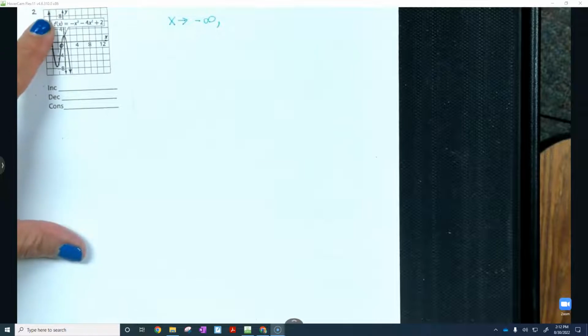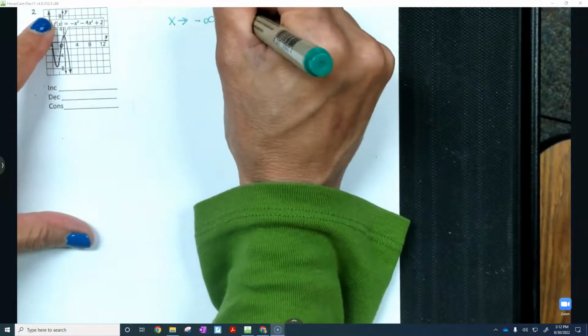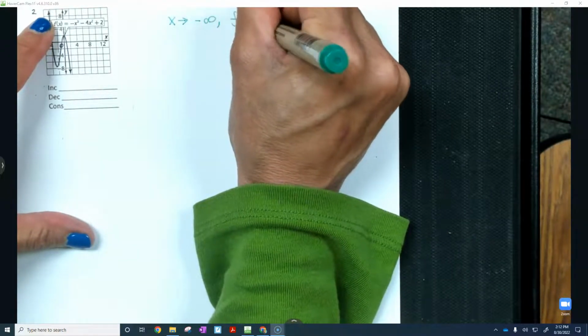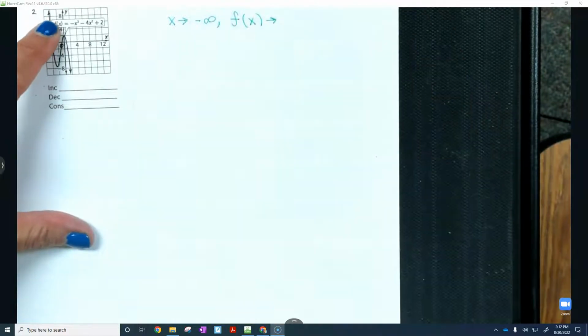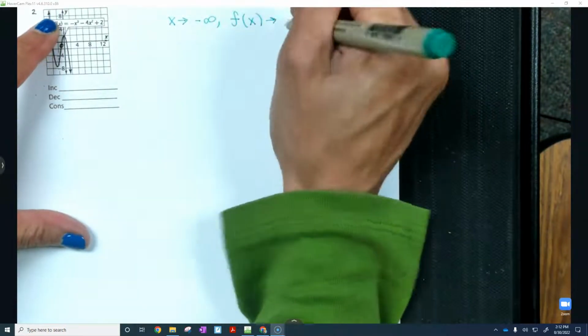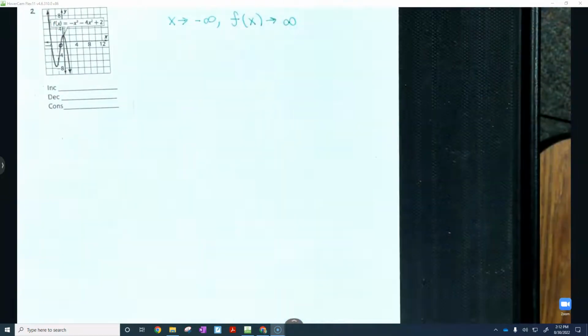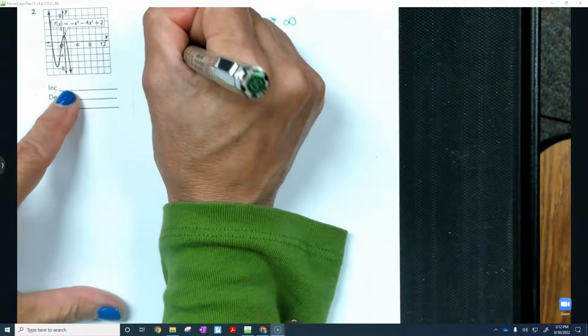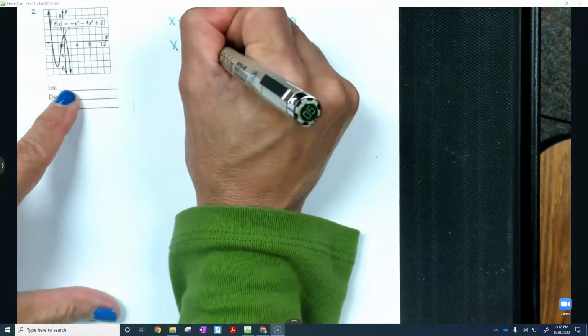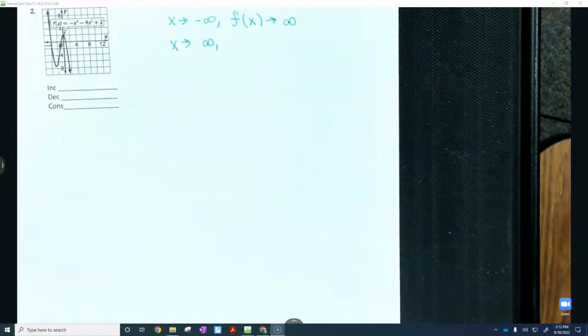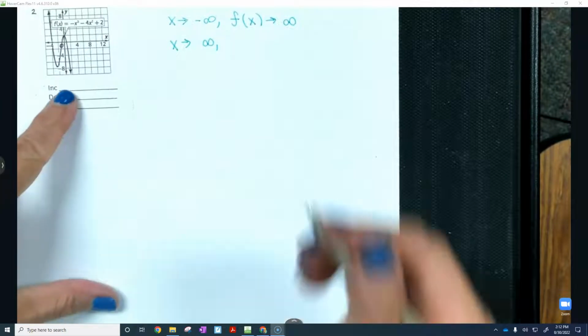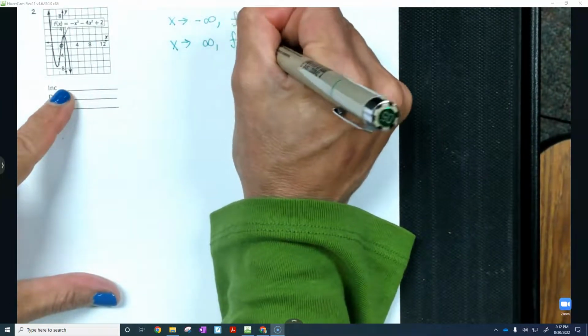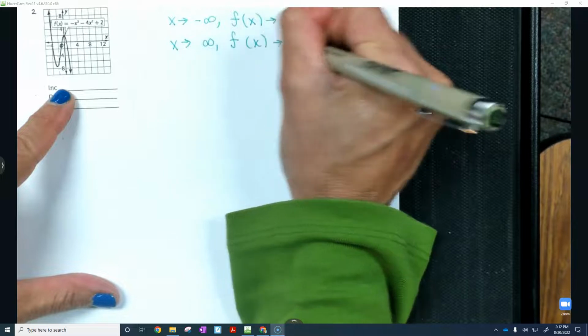As x approaches negative infinity, what's happening to the y coordinates? Are they decreasing or increasing? Increasing, yes. You are correct. Good job. And on the flip side, as x approaches the right side infinity, of course, the value of the function is going down.